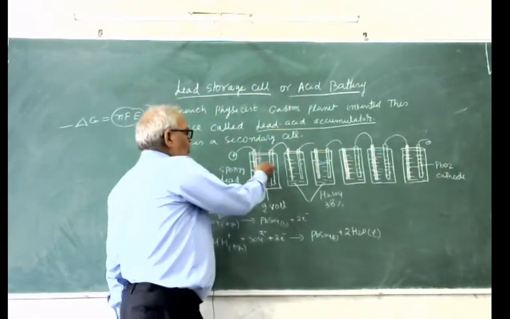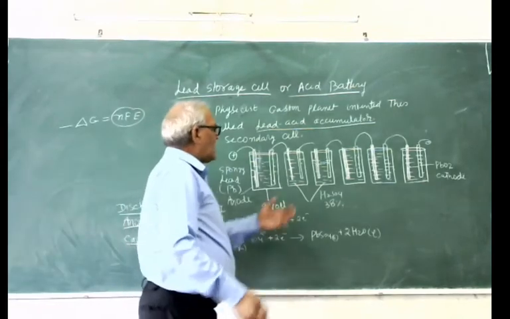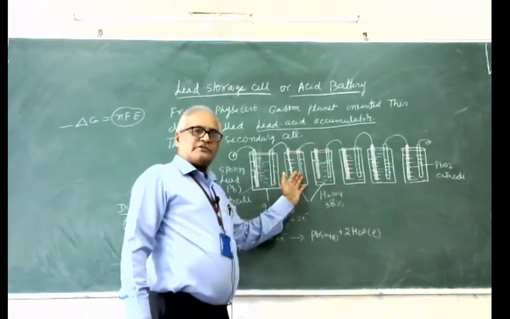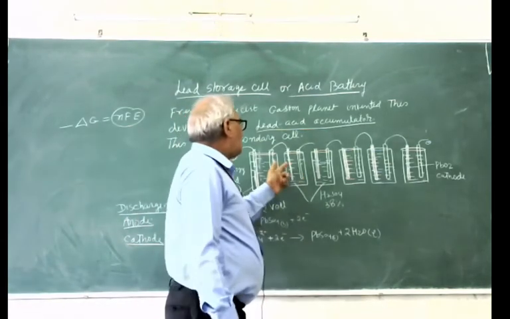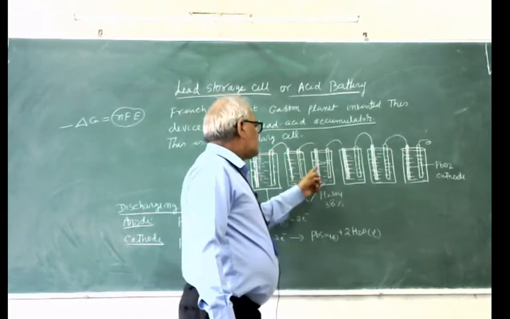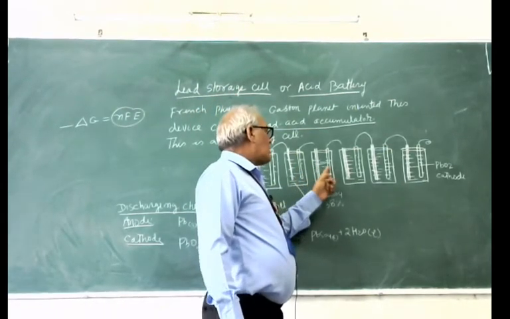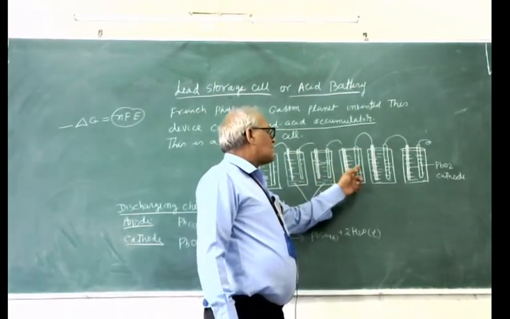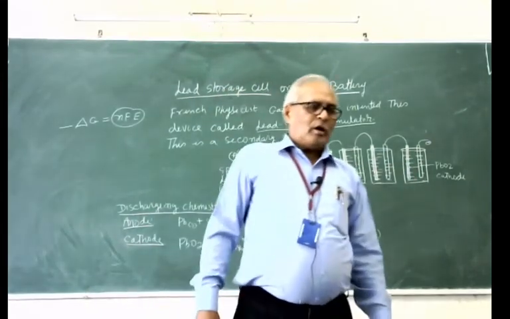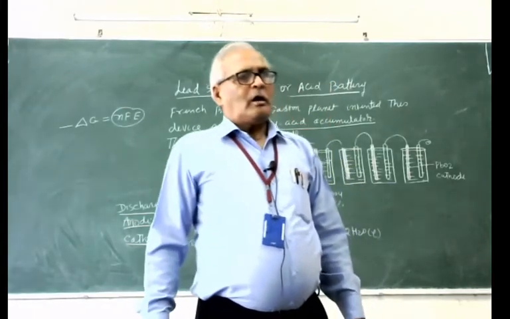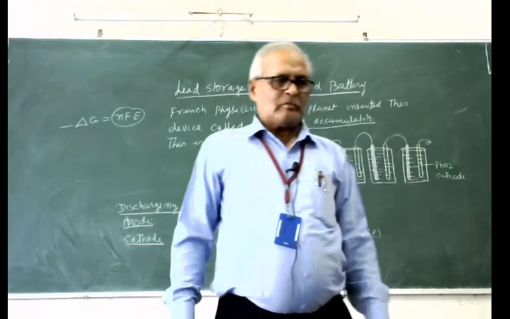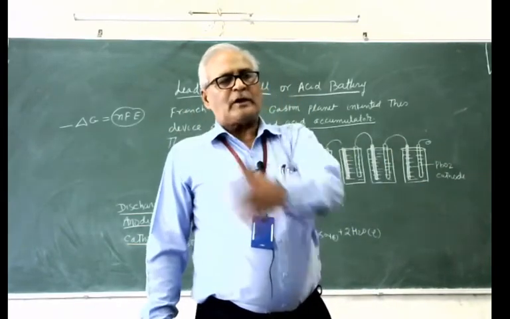So this is the anode and this is the cathode. Similarly, in a second small set, we have lead and lead oxide. Lead, lead oxide, lead, lead oxide, in this way. Chemical reaction takes place. Chemical energy changes into electrical energy.